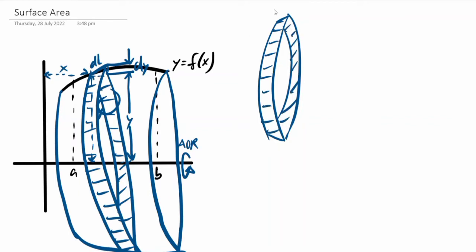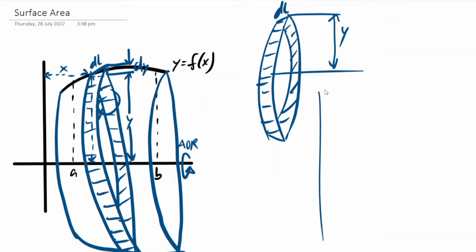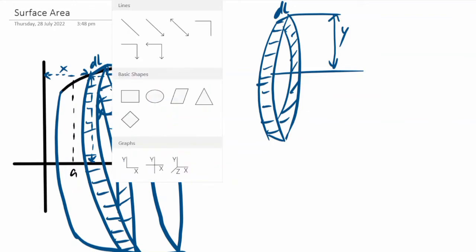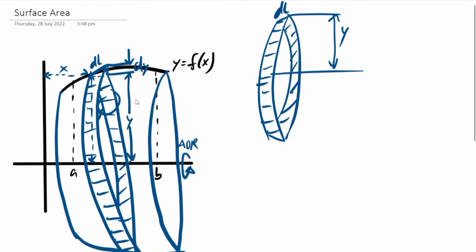Now this is our dl here, and from the axis of rotation, this is our y. So if we cut this off and then put here the strip straight, there, this is going to be our strip here.